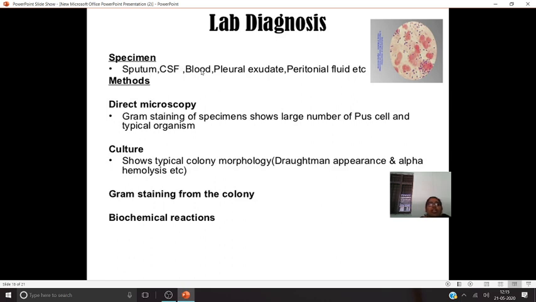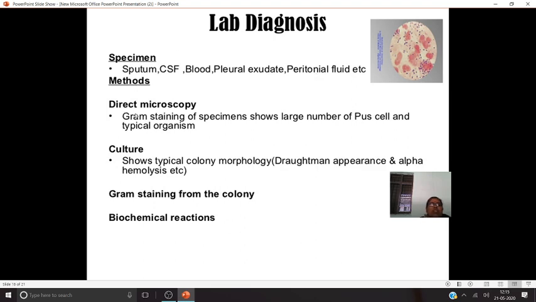If there is any infection in the blood, bacteremia, endocarditis, pericarditis, or joint inflammation, we collect blood. If there is any infection in the pleural cavity, with exudate or pus formation, we collect the pleural fluid. If there is peritonitis, we collect the peritoneal fluid and send it for examination. Proper, appropriate labeling is very important. Collecting the specimen by a sterile method in a sterile container, labeling it properly and sending it immediately to the laboratory is the responsibility of a nurse.